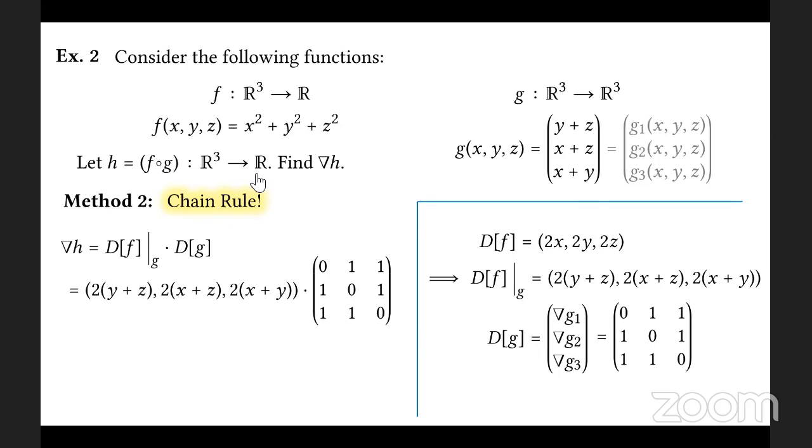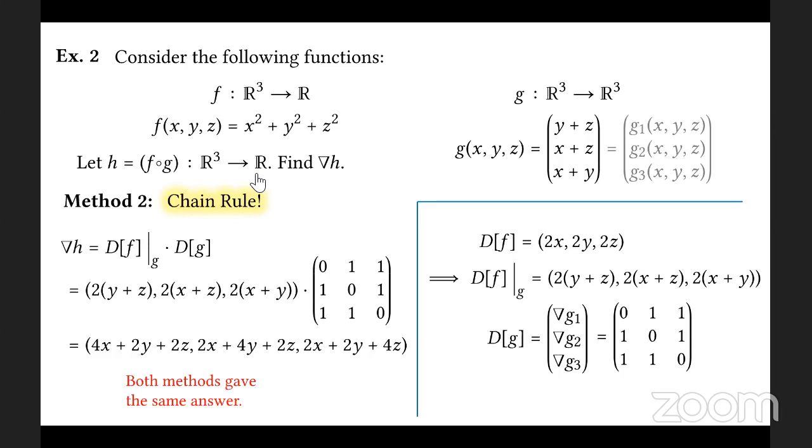Okay, so the gradient of h is that vector dotted with this matrix. And we get that. And it's actually the exact same answer. So obviously in this instance, this is a much longer method, but the chain rule is a good thing to know.